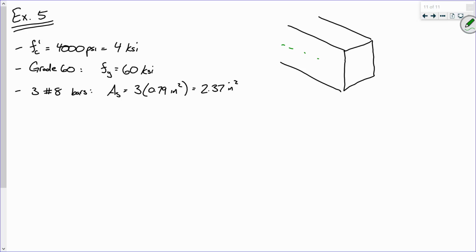Here's my neutral axis that looks something about like that. Now for this beam, I've got 3 bars. We'll say a bar here, a bar here, and a bar here. Keep in mind they continue on throughout the beam. They're just going into the cross section. Sound good? Okay. So the beam looks something about like this.